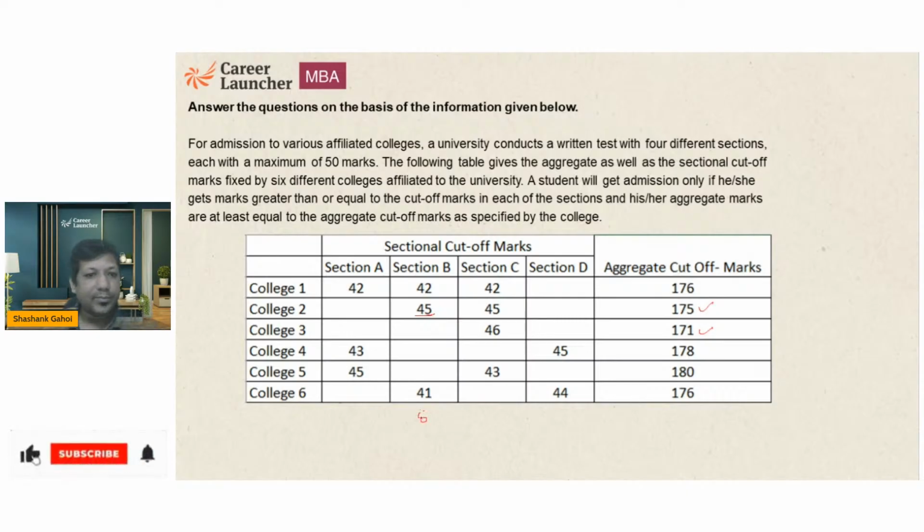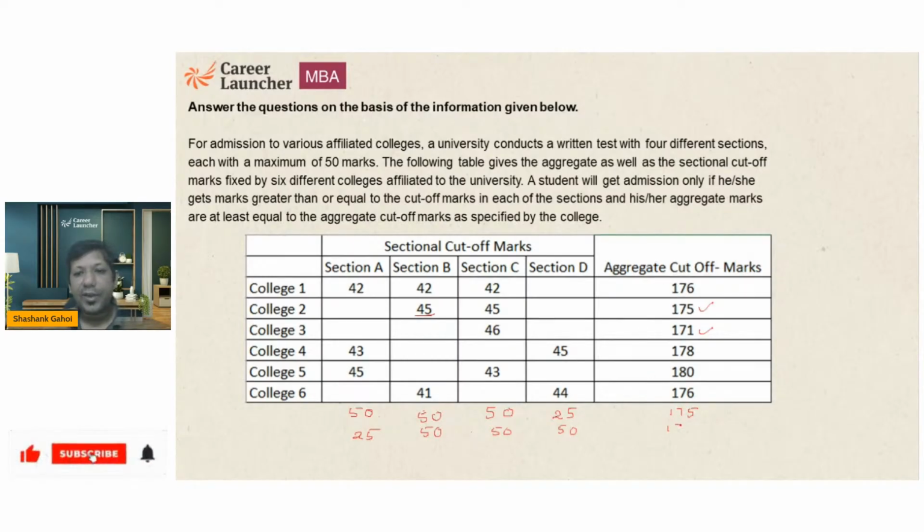ठीक। तो इस सेक्शन में 45 तो चाहिए। सो मैं ये कह रहा हूँ कि सेक्शन बी में 50 नंबर आ गए, सेक्शन सी में भी 50 नंबर आ गए, सेक्शन ए में 50 नंबर आ गए, सेक्शन डी में 25 आ गए। Now what is the total score? That is 175.